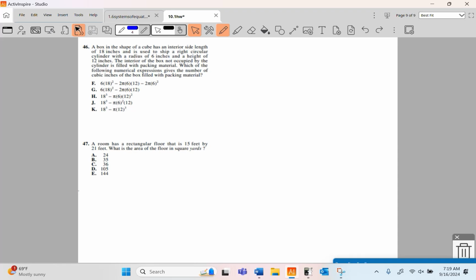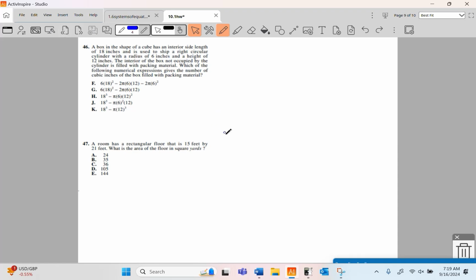And moving forward, I think these are the last two. They are, because I'm tired and don't want to do this anymore. A box in the shape of a cube has an interior side length of 18 and is used to ship a right circular cylinder with a radius of 6 inches and height of 12. The interior of the box not occupied by the cylinder is filled with packaging material. Which of the following numerical expressions gives the number of cubic inches of the box filled with packing material?